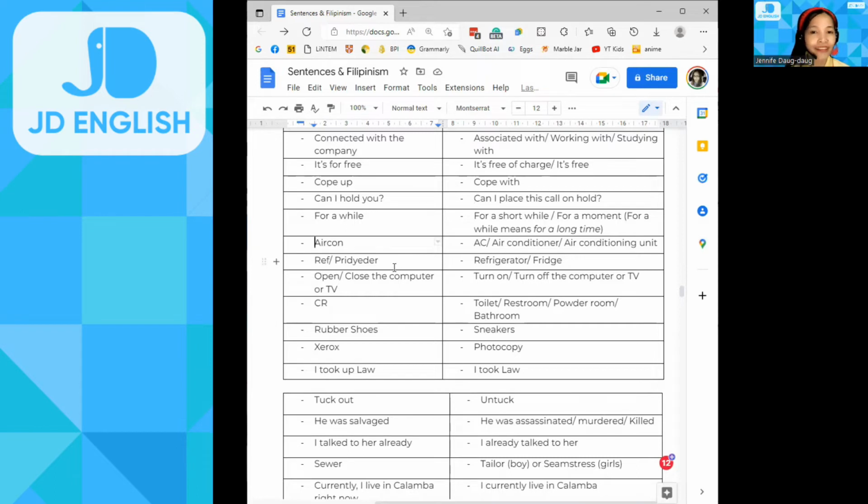Aircon should be AC or air conditioner or air conditioning unit. In Filipinism, often used is ref or frigidaire, so it should be refrigerator or fridge.